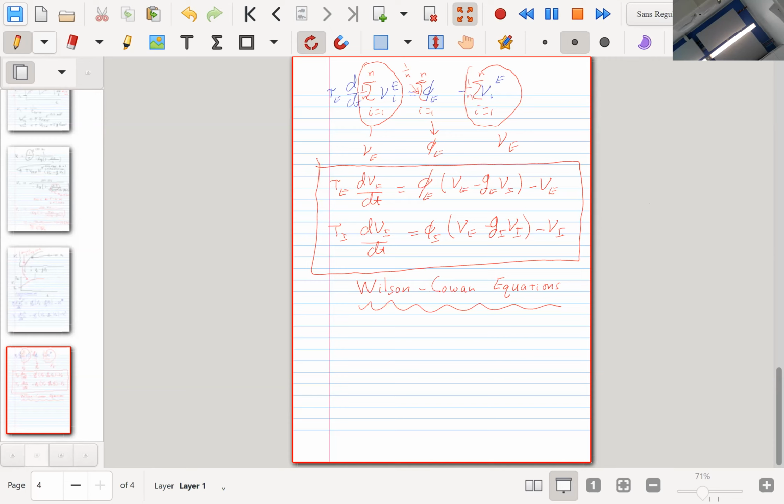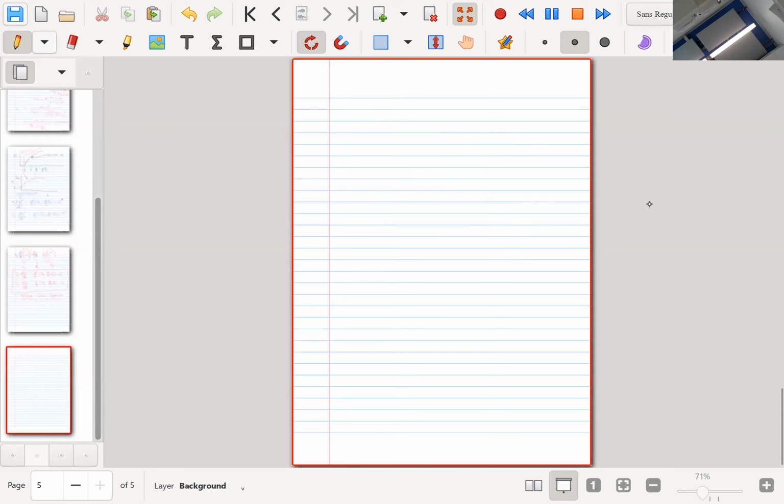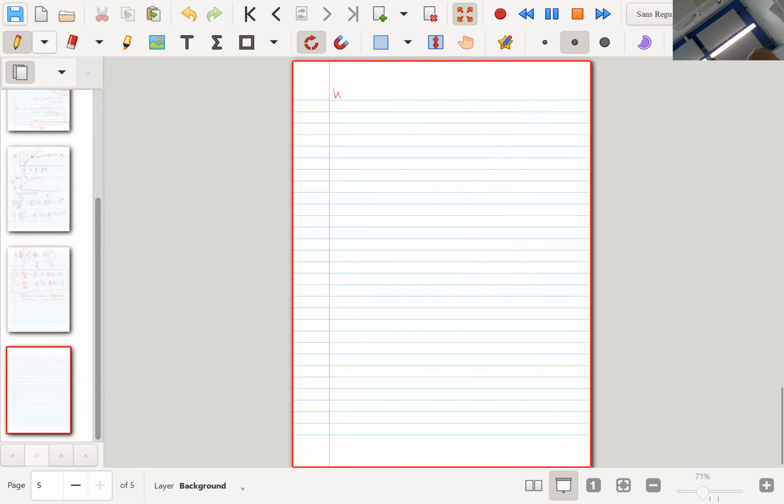So as a warm-up, we're going to consider an all excitatory network. What that means is we'll set nu I equal to 0.